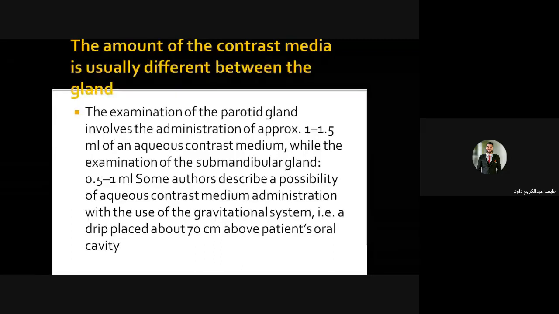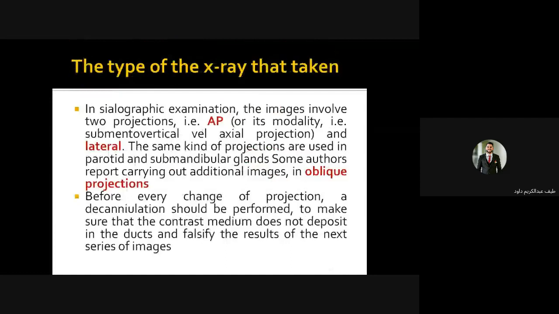These are practical points that I did not write in the lecture, so please pay attention to them now, because you will be asked about them as they are related to the practical points. How many ml are required for the parotid, and for the submandibular? The amount required for the parotid is more than the amount required for the submandibular gland. Then we inject this radioactive material, taking into consideration gravity, which also differs for the submandibular gland.